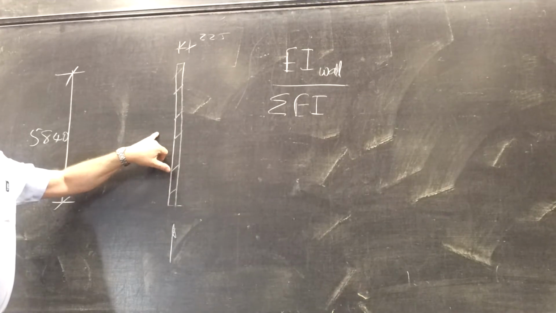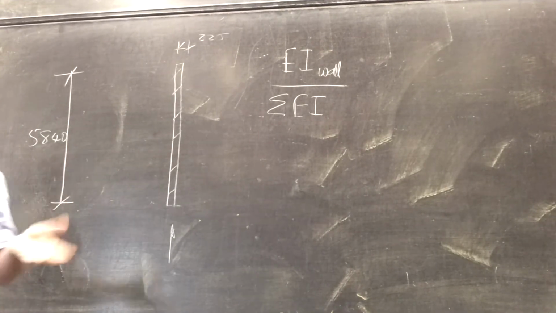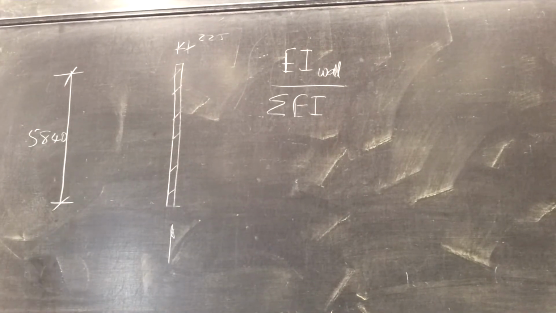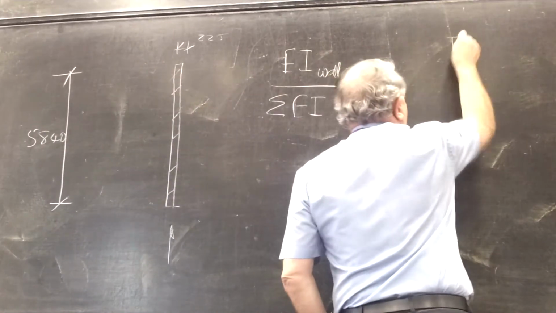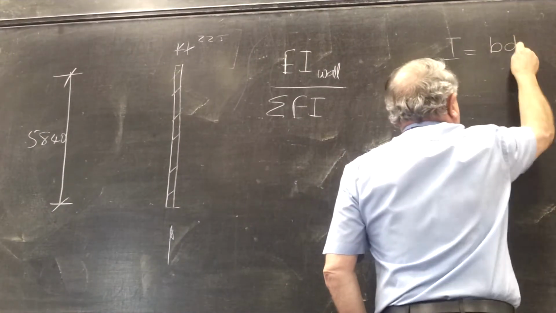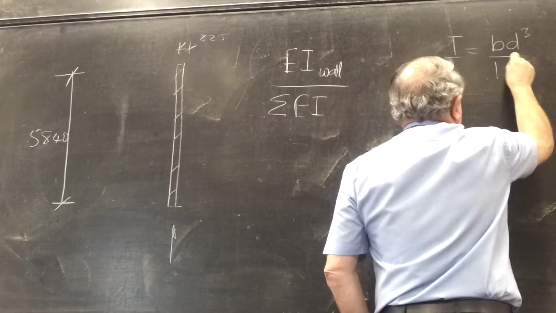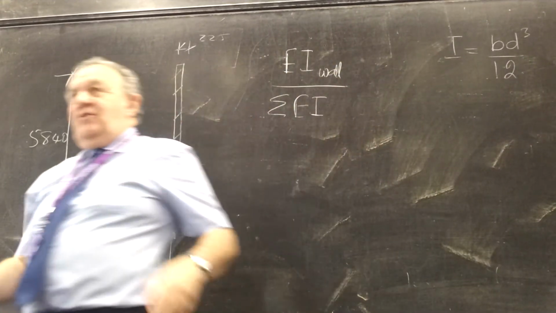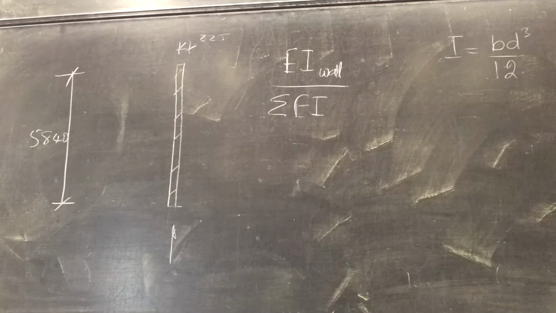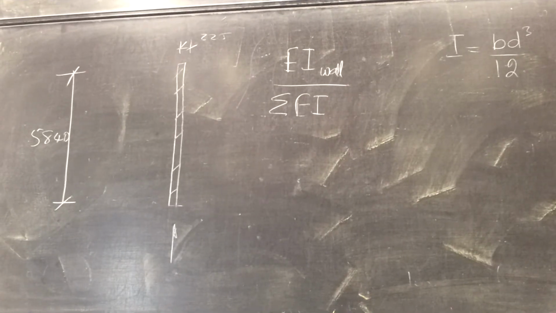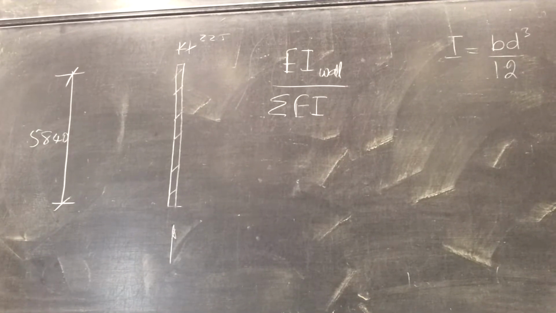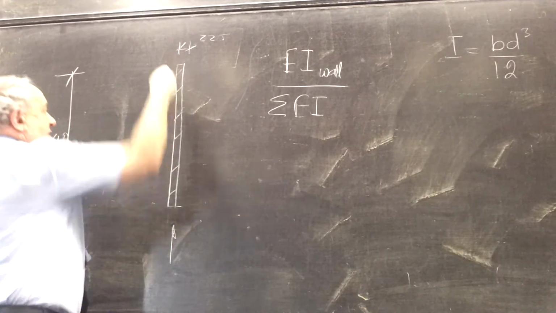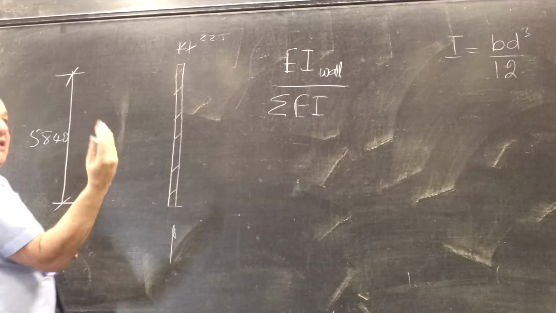E is fairly straightforward. Where people sometimes get mixed up is I. And what I is, is B d cubed upon 12. So you need a B and you need a D. Now this relates to the plane of bending. So what we're doing is trying to bend that wall like that.